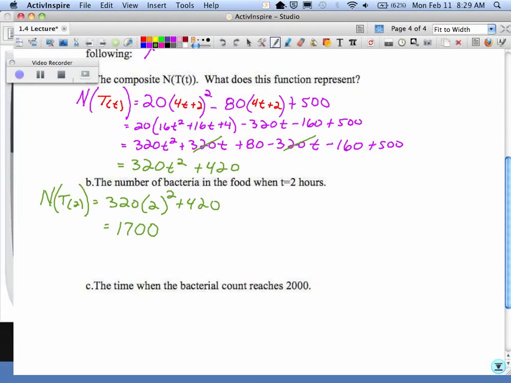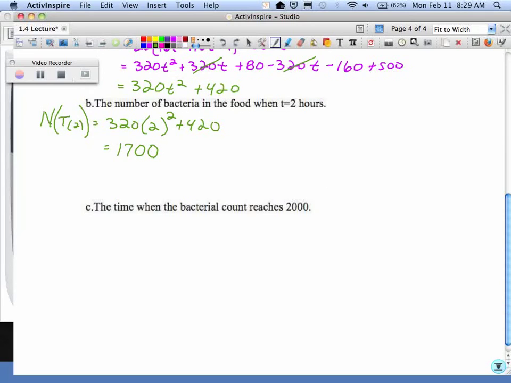The time when the bacteria count reaches 2,000. So now we're going to go 320t squared plus 420. When does that equal 2,000? And maybe this is when you know you're going to make people sick if you serve them that sandwich, right? Maybe a 2,000 threshold.